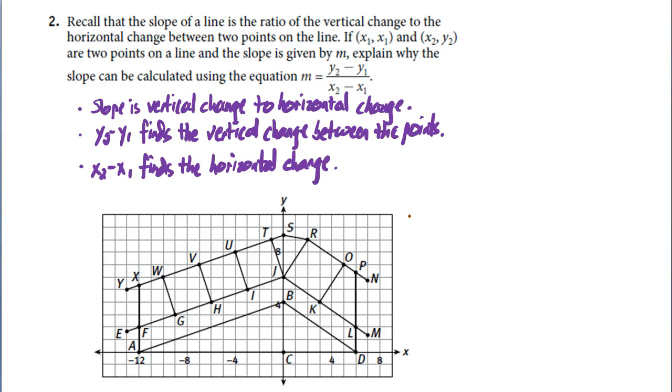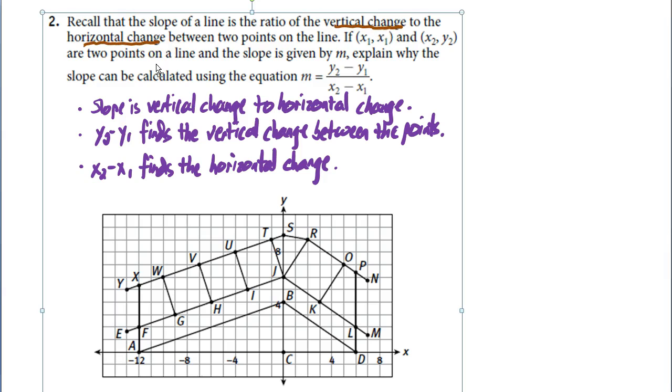Now number two, recall that the slope of a line is the ratio of the vertical change to the horizontal change. In algebra class, we often call that the rise to the run.